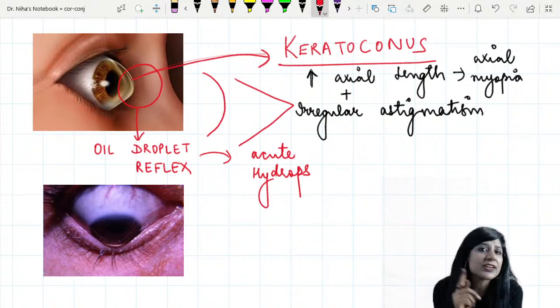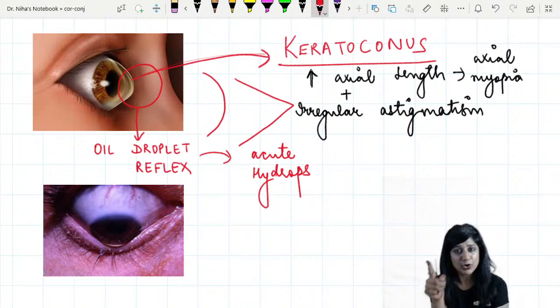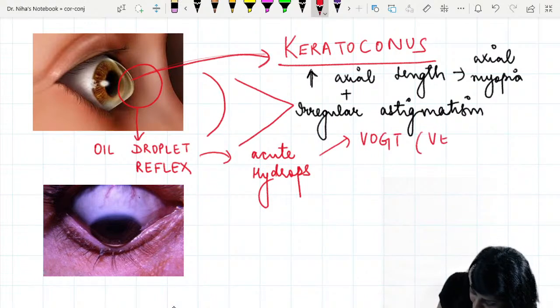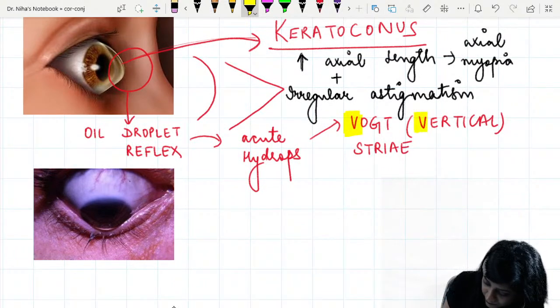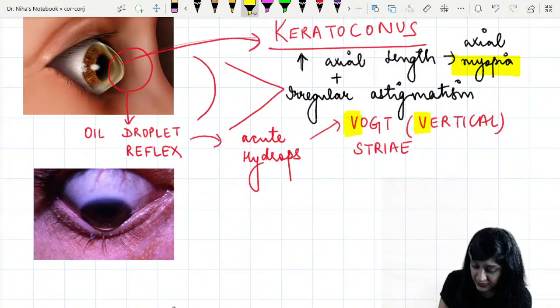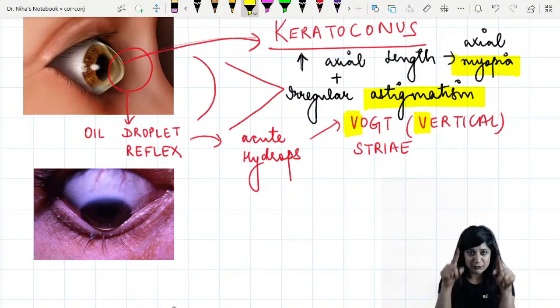Do you remember what kind of striations we have in congenital glaucoma? I always tell you H for Haab's striae and H for horizontal. Similarly, here you have V for Vogt's striae and V for vertical. So myopia is the refractive status, astigmatism, oil droplet reflex in the reflex, the complication is the acute hydrops, and V for Vogt's and V for vertical striae.